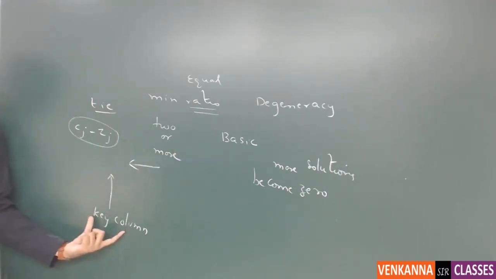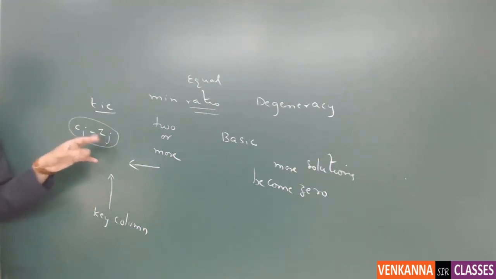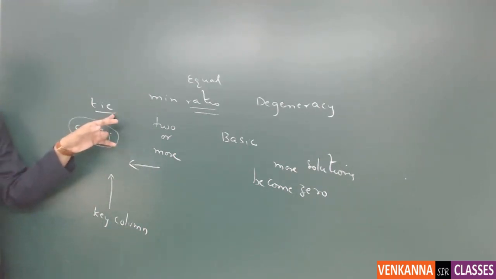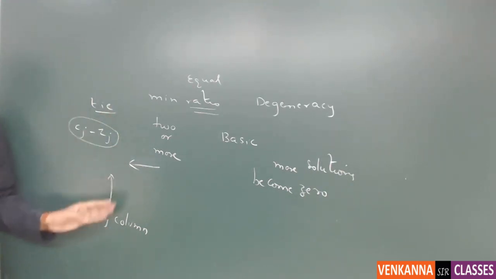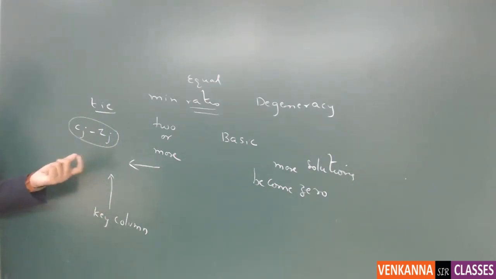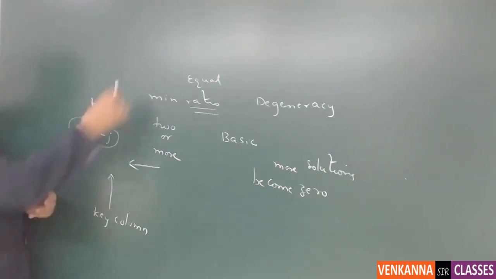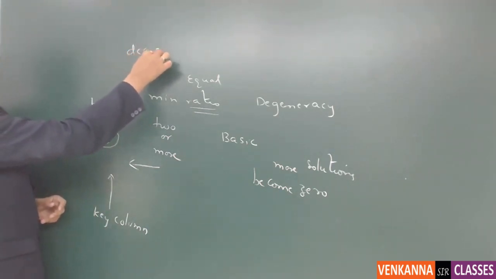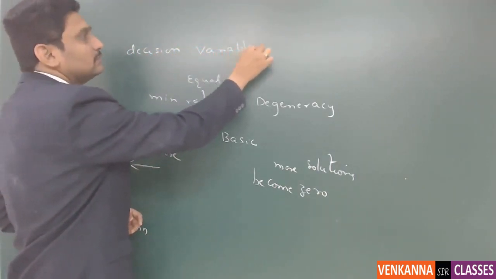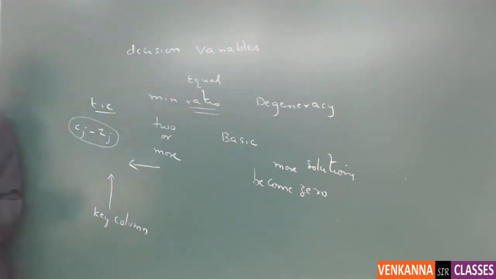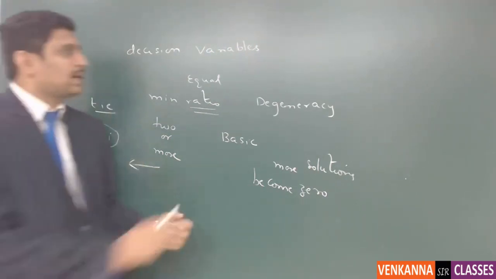Suppose you are selecting the key column and you have calculated Cj minus Zj, and a tie has happened, then which column is to be chosen as the key column? That is one kind of doubt. The procedure described is, suppose the tie is between the decision variables, say x1, x2. In such a situation, you can make an arbitrary choice.